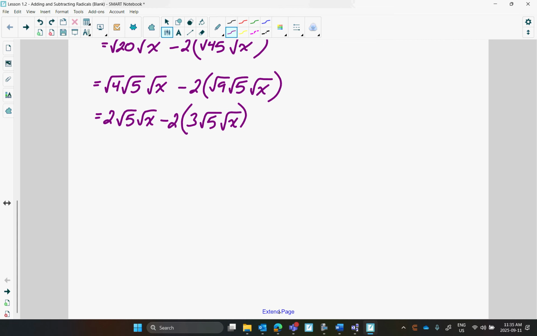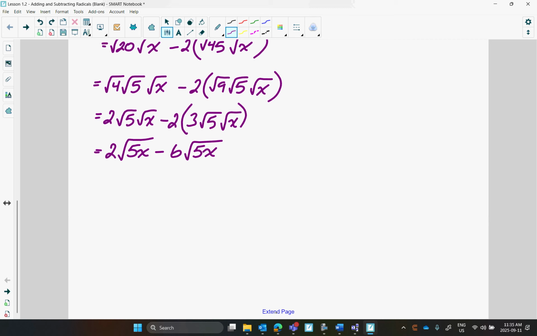If I multiply two square roots together, can I just put them under 1? So what's this the same as? Root? Don't overthink. Yeah, root 5x. Minus, well, what's 2 times 3? 6. And these two together become root 5x.